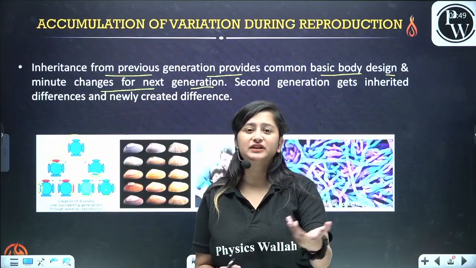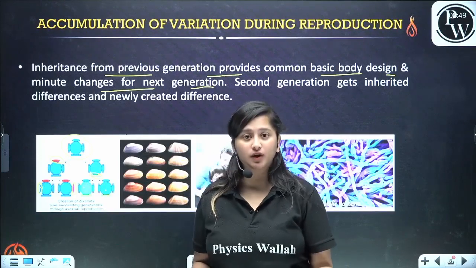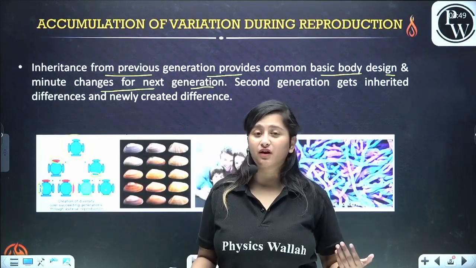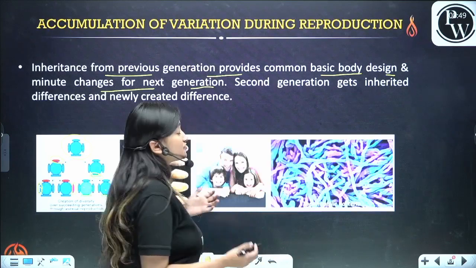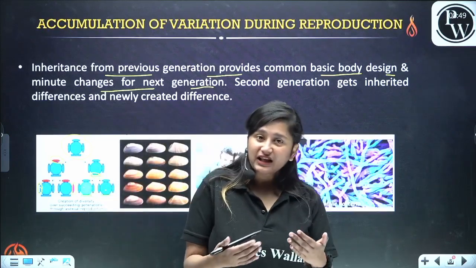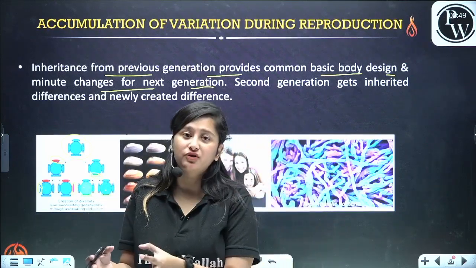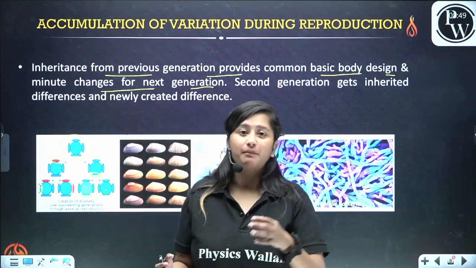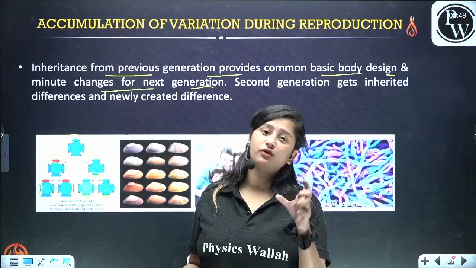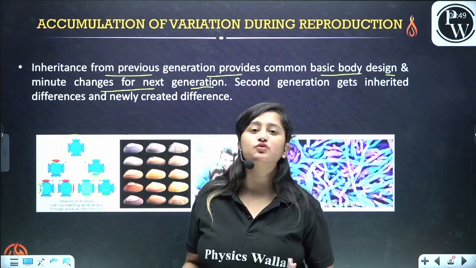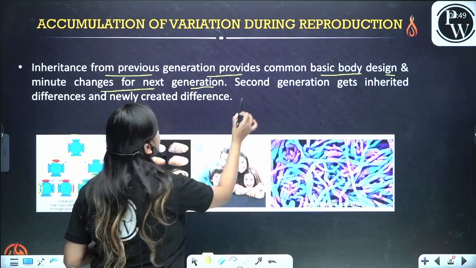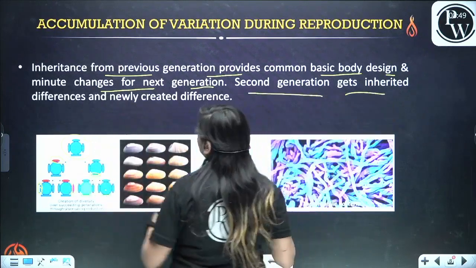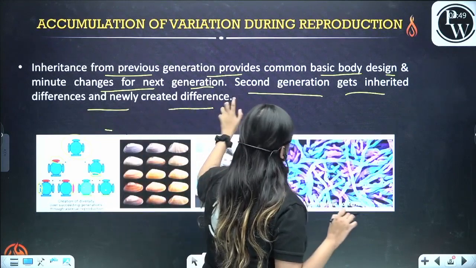A 2-year, 3-year-old kid can handle a phone, but in our generation we could not, right? We didn't used to, because tech was not that evolved. But now the tech has evolved so that a 2 or 3-year-old can use a phone, right? The next generation gets inherited differences and newly created differences.